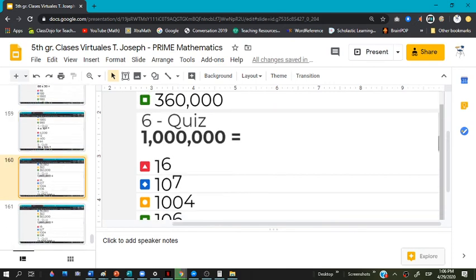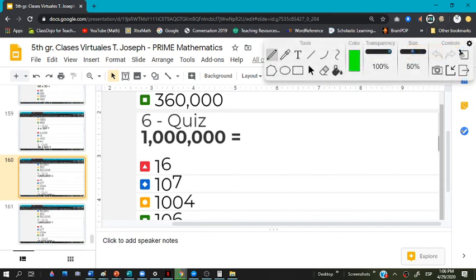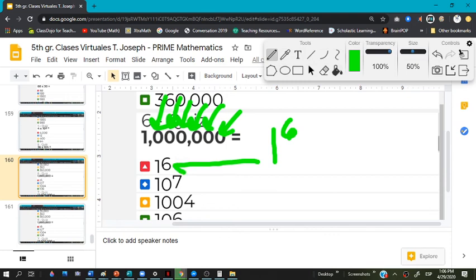Okay, it's the next problem. Let's go here. Number 6. Well, what is 1 million? Would that be 10 to the power of 6, 10 to the power of 7, 100 to the power of 4? Well, let's check it out. 1 million is 1 with 1, 2, 3, 4, 5, 6 zeros. So it's actually 10 to the power of 6, which is this first number.